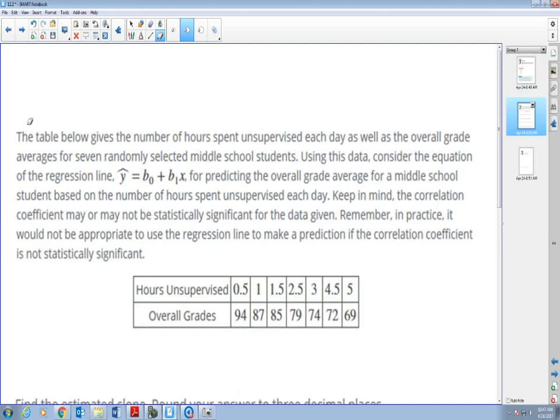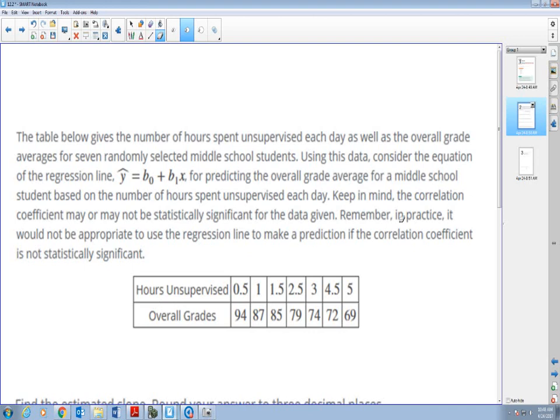The table below gives the number of hours spent unsupervised each day, as well as the overall grade average for 7 randomly selected middle school students. Use this data, consider the equation of the regression line in this form, y equal to mx plus b, for predicting the overall grade average for middle school students based on the number of hours students spent unsupervised each day.